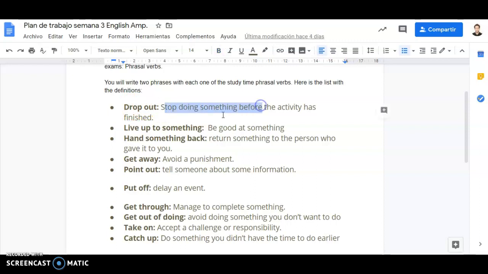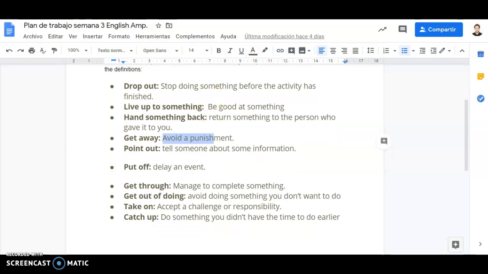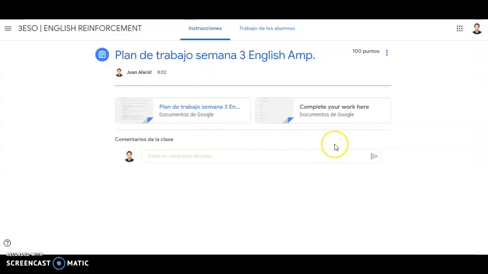You need to just keep in mind the definitions we have for each one of the phrasal verbs, and then you go to the second document that says complete your work here.